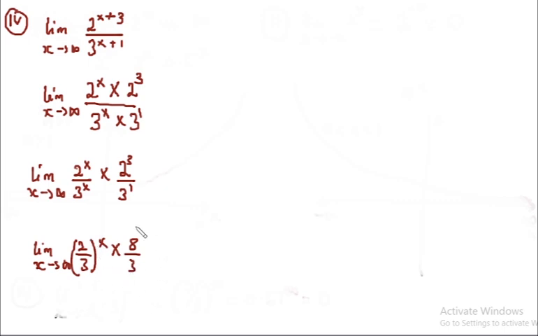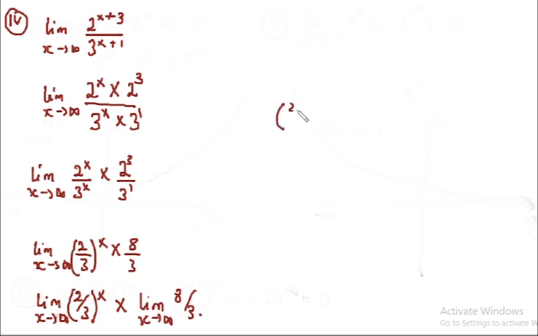Since these two terms are multiplying each other, I can take the limits individually, so I'll have the limit as x approaches infinity of 2 over 3 to the power of x, times the limit as x approaches infinity of 8 over 3. If you notice this value, it is in the form of 2 over 3 to the power of x, and we know what happens when we have this.